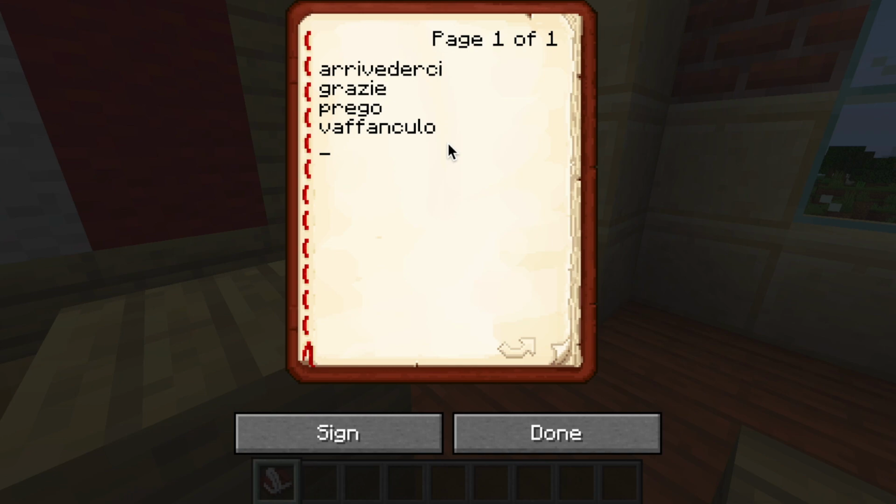And another word that is key in the Italian language, to get yourself around, like orient yourself in an Italian city when you go visit, is mi aiuteresti per favore.